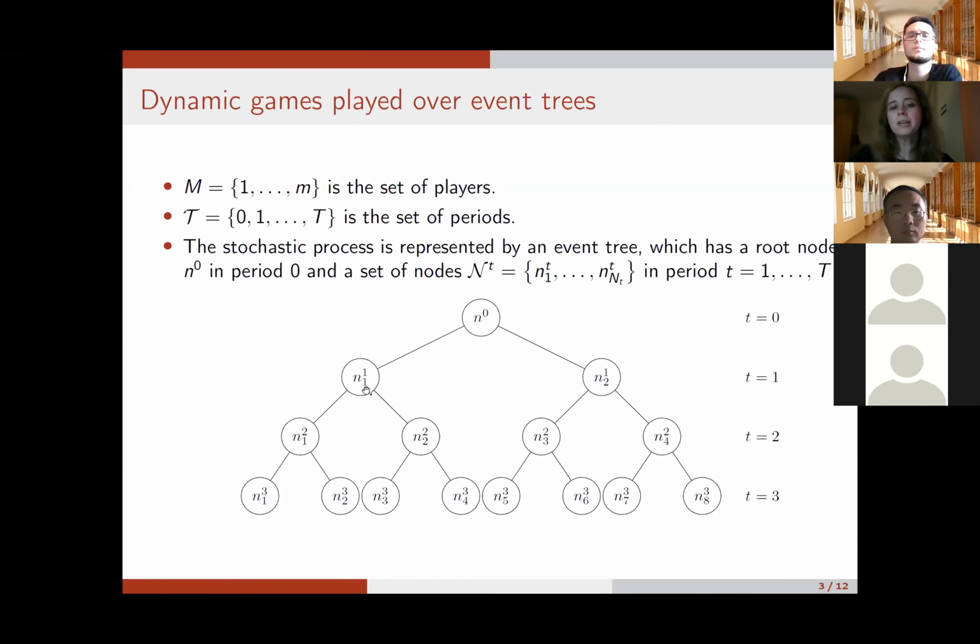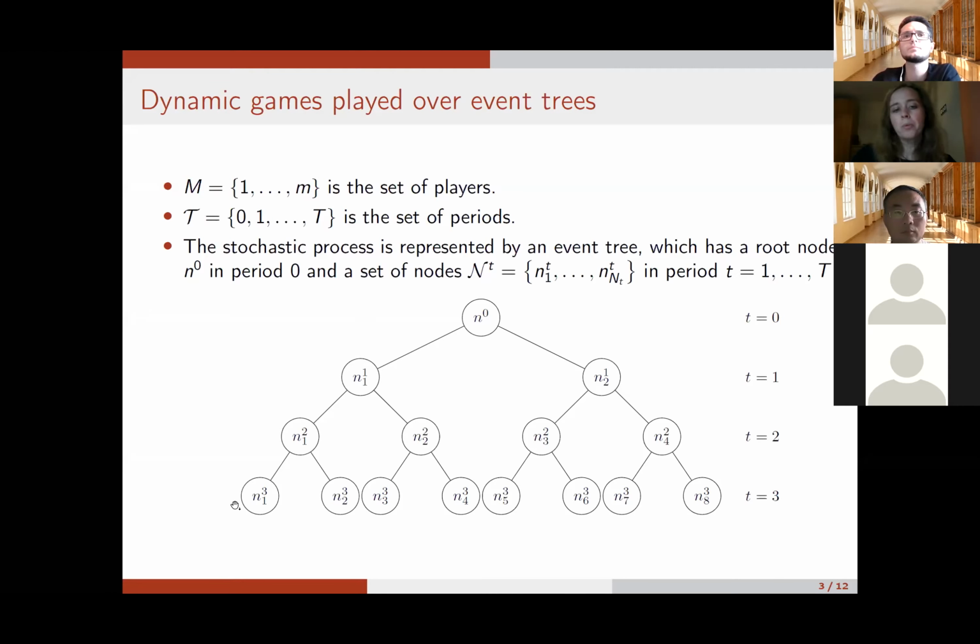We should mention that the players' payoff functions can depend on the nodes, so they can differ from node to node. Also the state variable depends on the node, so the transition can be different if we go here or here, and we have different state variable realizations.